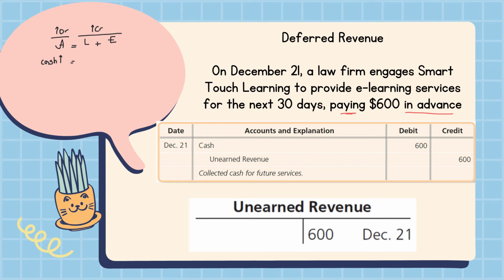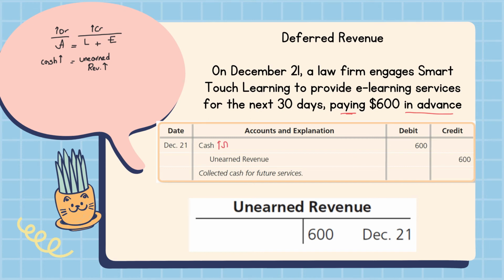No, I'm gonna provide it for the next 30 days. So we call it unearned revenue. It's not earned yet. I did not provide the service yet. So it's a liability account. It also increased because I just created this account. So cash will go to the debit, unearned revenue will go to the credit side.